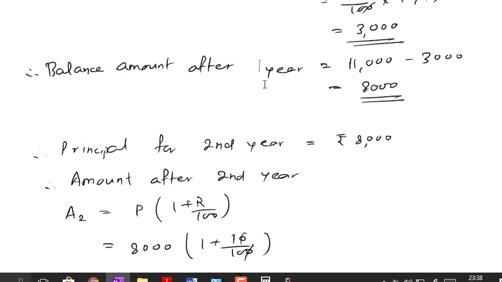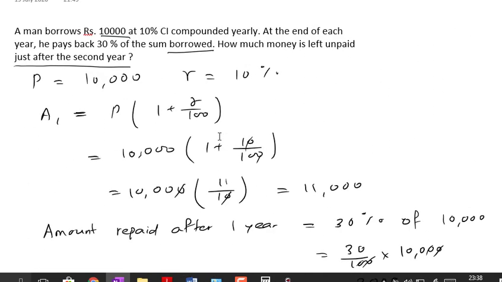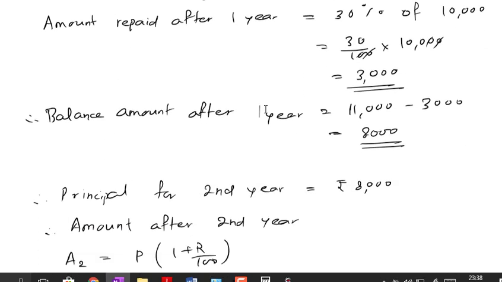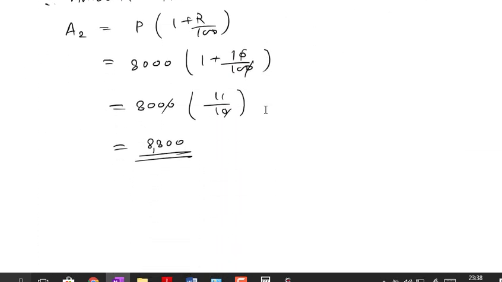Now what is the question? How much money is left unpaid just after the second year? So just after second year amount is 8,800, but after second year I am repaying 3,000. So I don't know whether they are asking for this amount. So I will calculate amount repaid, which is rupees 3,000.